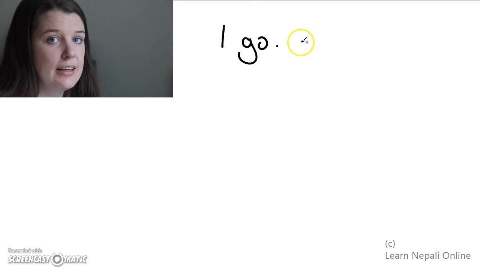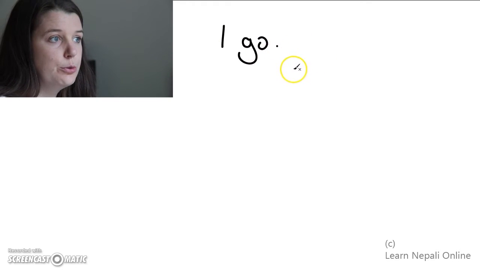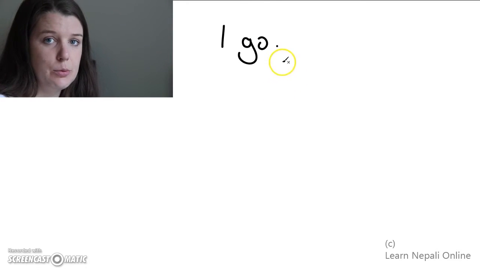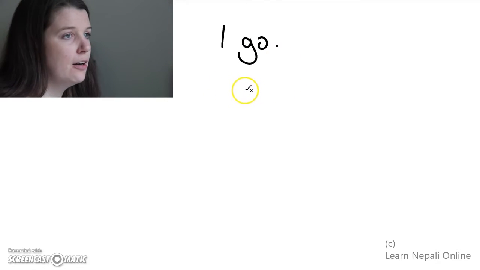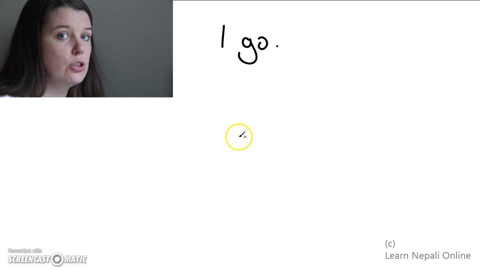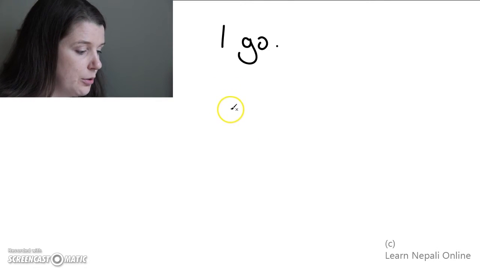It couldn't take a direct object. You couldn't say I go the moon, I go the street, I go the car. It makes no sense whatsoever. But if you have a transitive verb, which is actually the more common case, you usually take a direct object.